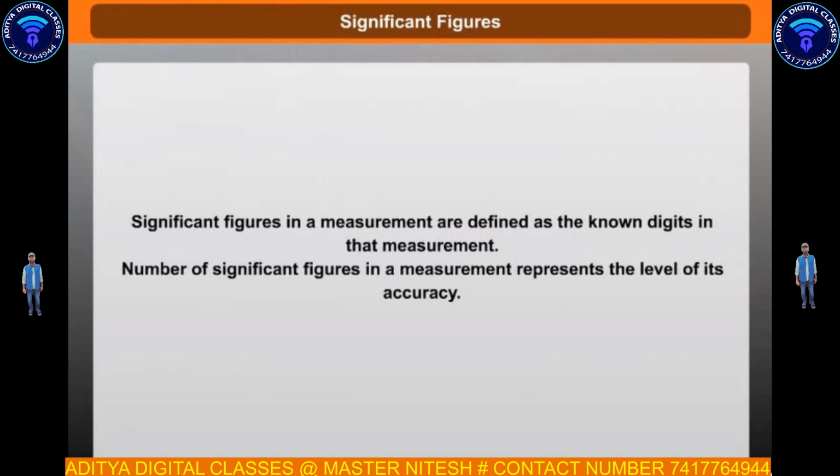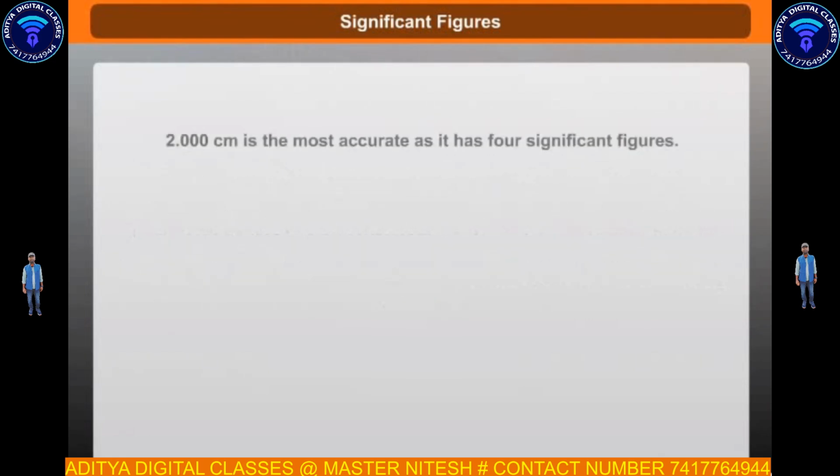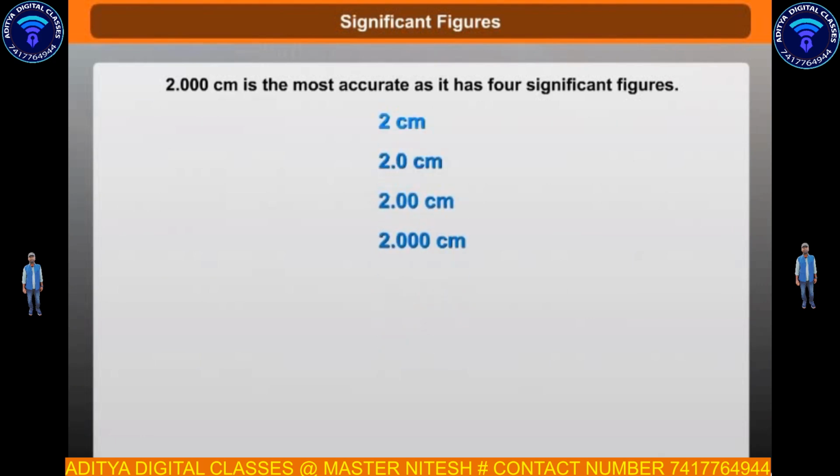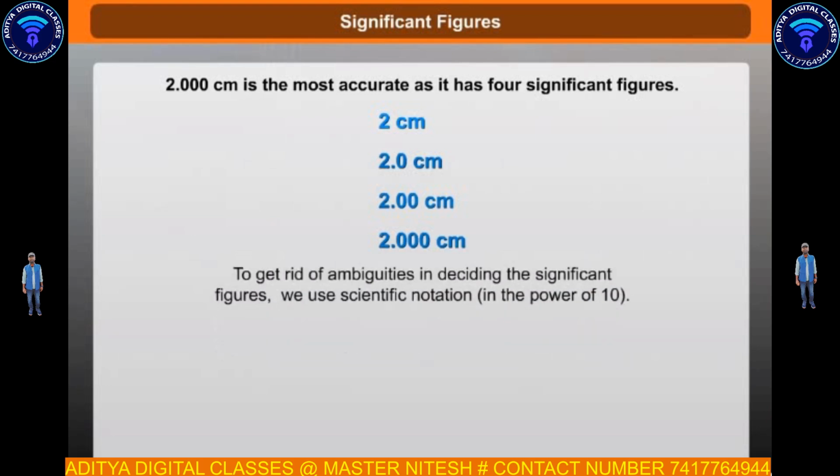The number of significant figures in a measurement represents the level of its accuracy. Let us take an example. 2.000 centimeters is the most accurate as it has 4 significant figures. To get rid of ambiguities in deciding the significant figures, we use scientific notation in the power of 10.